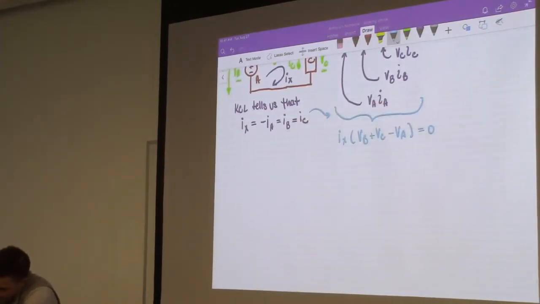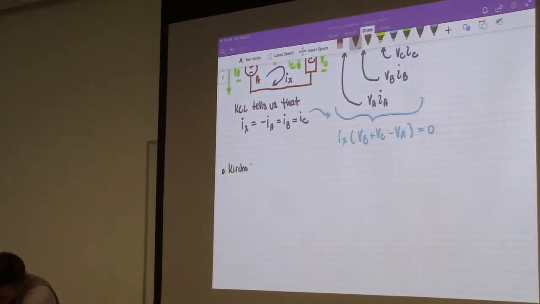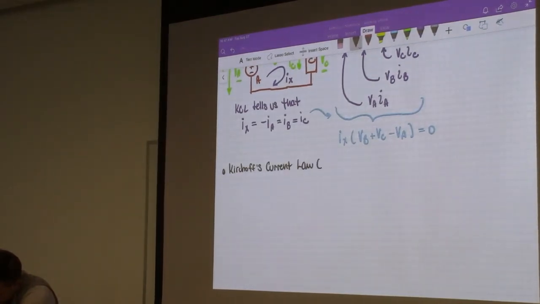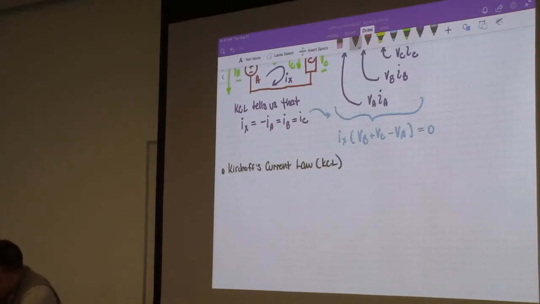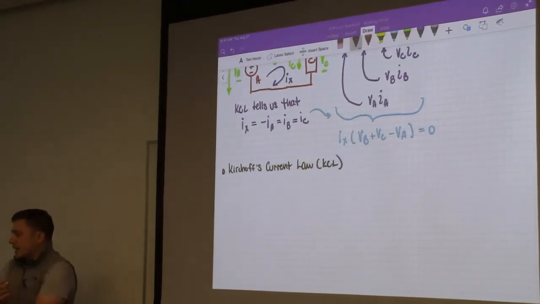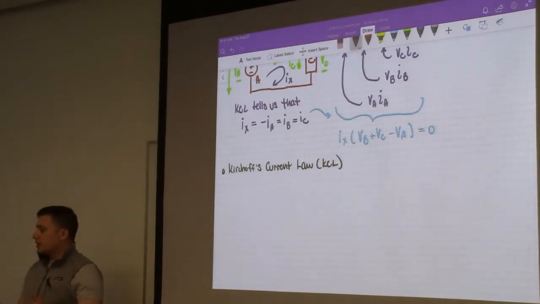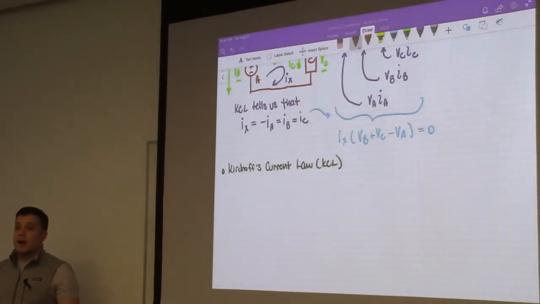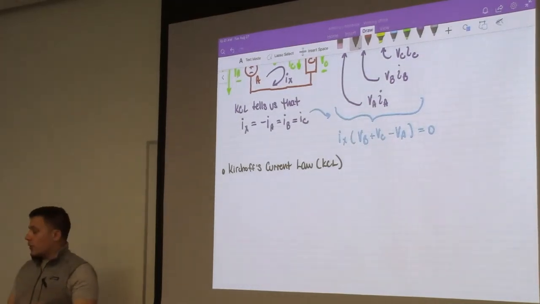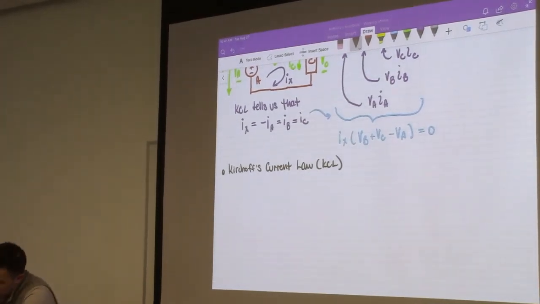let's go back and quickly talk about Kirchhoff's current law, because we used it, but we didn't really introduce it. What it says is that all of the currents entering a node have to sum to 0. Or another way of thinking about it is all the currents entering a node have to equal all the currents leaving a node.